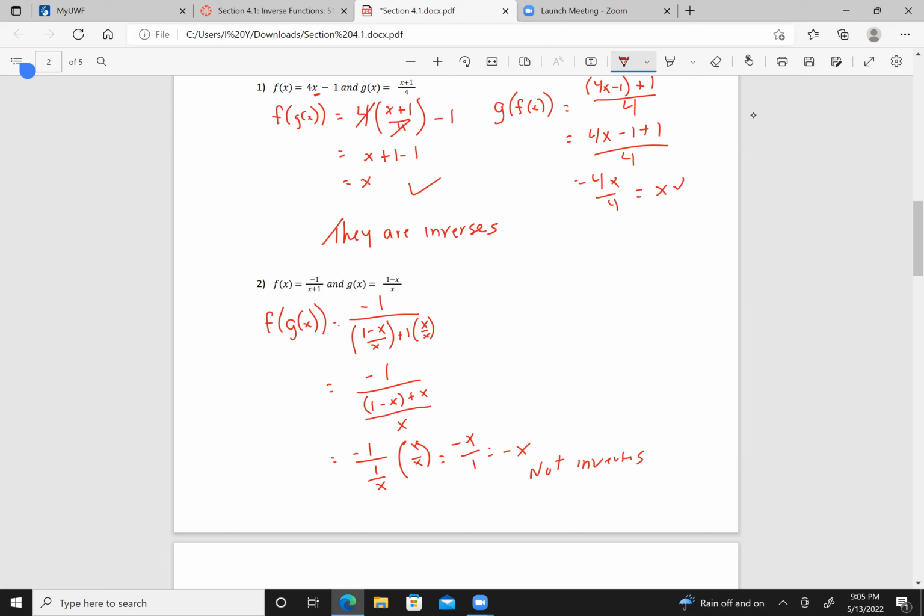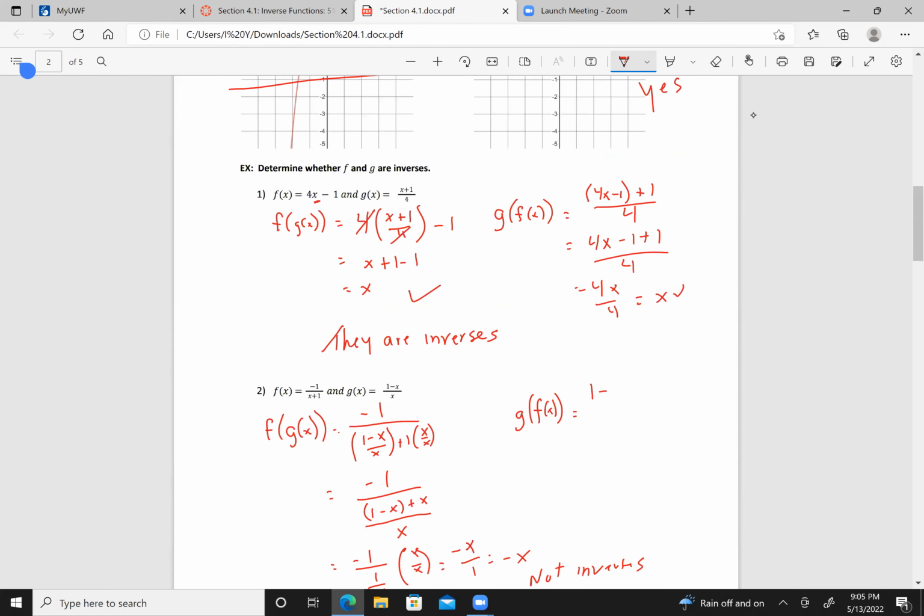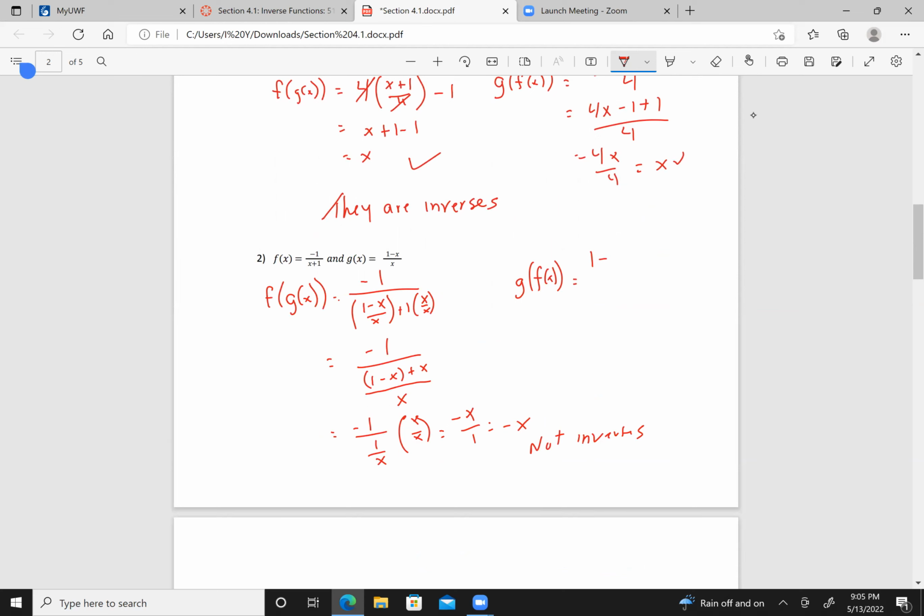Just to be sure, we can go ahead and do g of f of x to make sure. So this is, for every x in g, we place f of x. So I have 1 minus 1 over x plus 1. Wait a minute, hold on, where am I? Here we are. 1 minus -1 over x plus 1, over -1 over x plus 1.